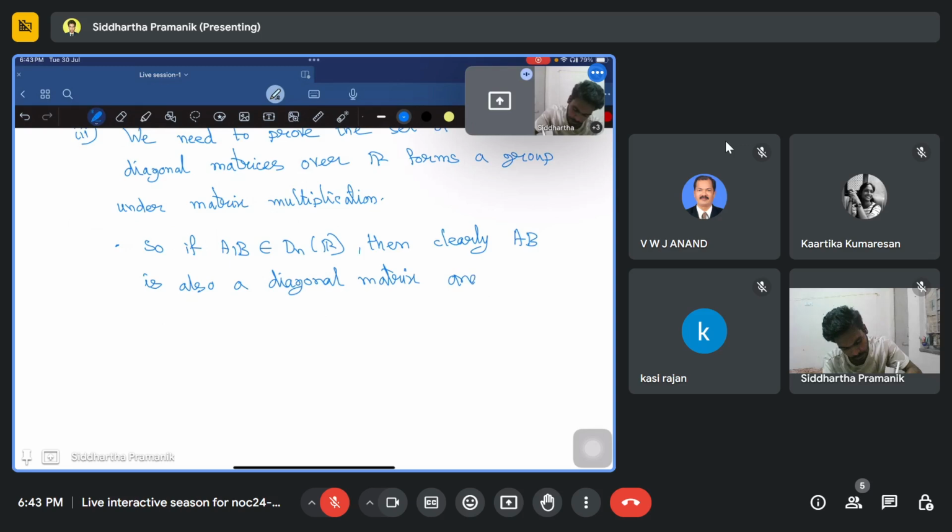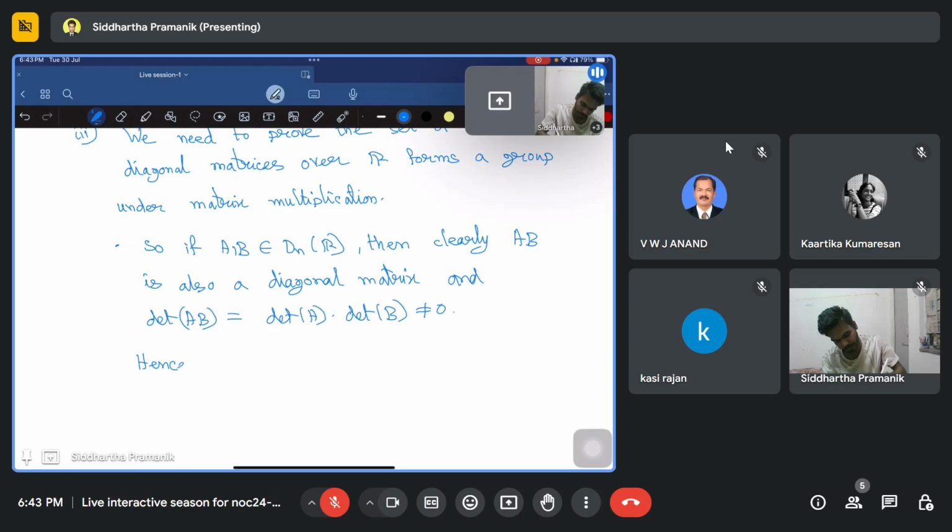So AB is again a diagonal matrix, and determinant of AB is the same as determinant of A times determinant of B. This would be non-zero because all diagonal entries of A and B are non-zero, so their determinants are non-zero. So this product should be non-zero.